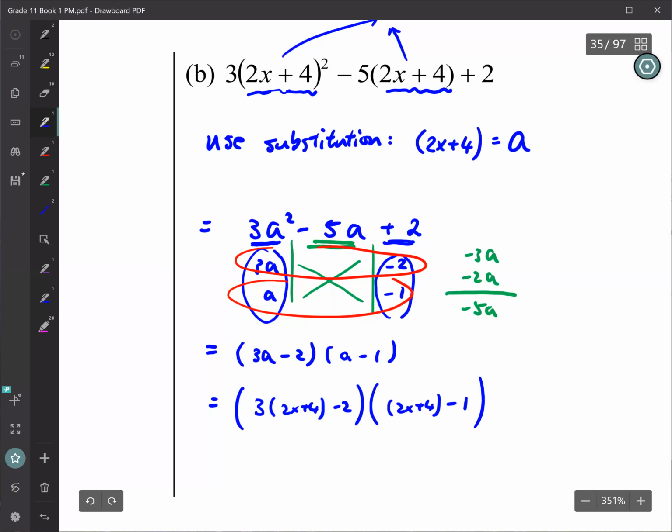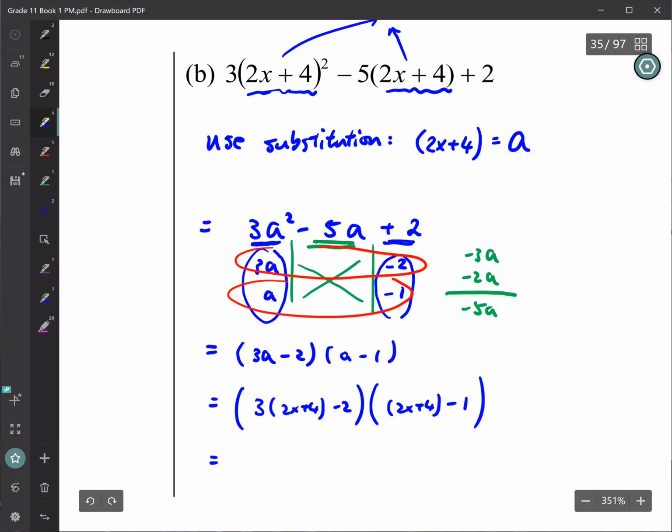Yeah, very good. Okay, so because the question does not have a, it is just to help us to simplify the question. But your final answer, you need to put it back with the x. So it's just a little helper in the middle, but after that, you need to put it back.